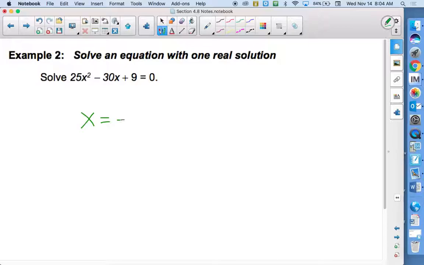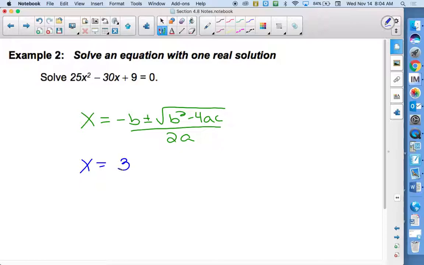So we're still going to use negative b plus or minus the square root of b squared minus 4ac. When you plug in a negative 30 into a negative b, be careful, that becomes a positive 30.